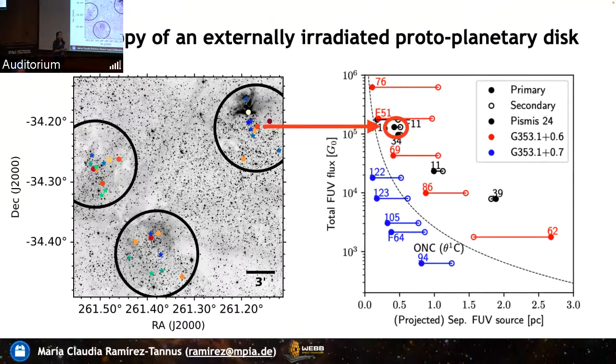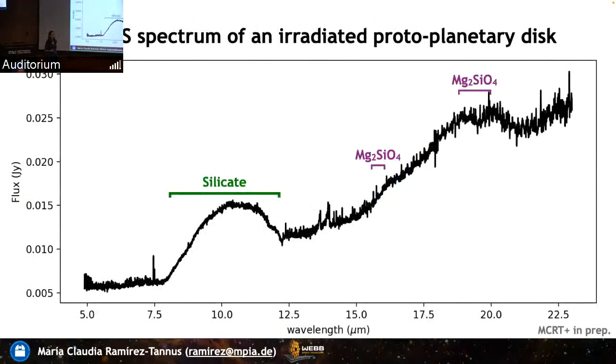Now I'll show you the MRS spectrum. So this is how the MRS spectrum looks. I thank Julia, because she showed you already how a spectrum like this can look in typical T-Tauri stars. If you are familiar with this, this looks like a typical T-Tauri star.